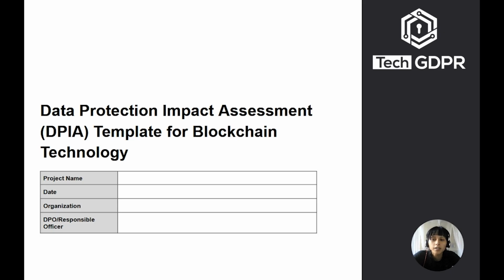The GDPR defines personal data very broadly. It includes any information relating to an identified or identifiable natural person. This means that even indirect identifiers, such as IP addresses, device IDs, or other online identifiers, may qualify as personal data.